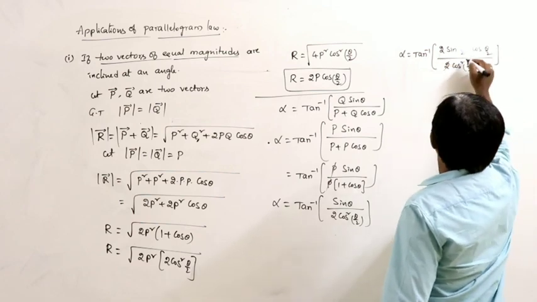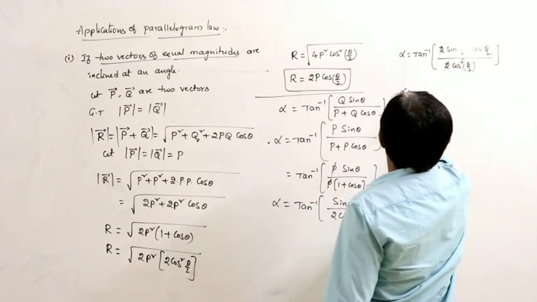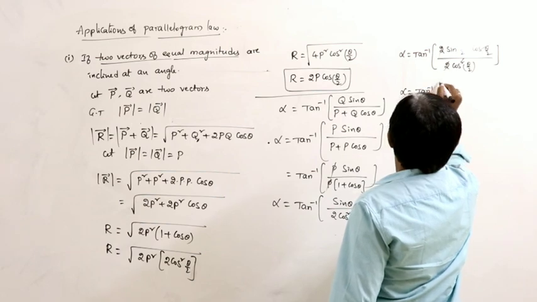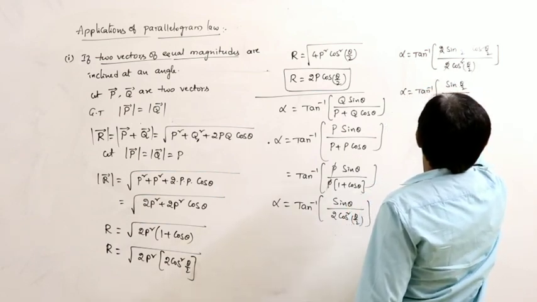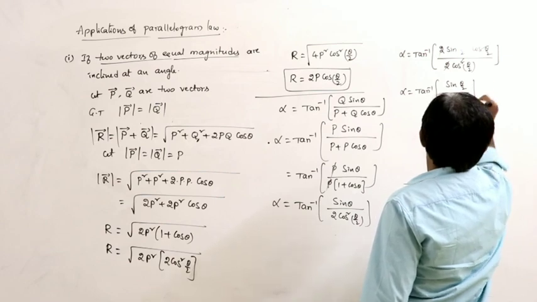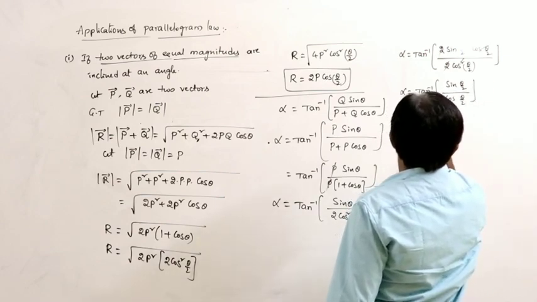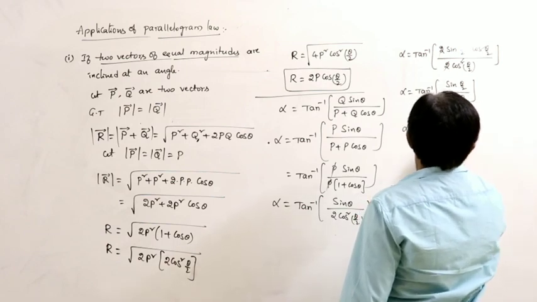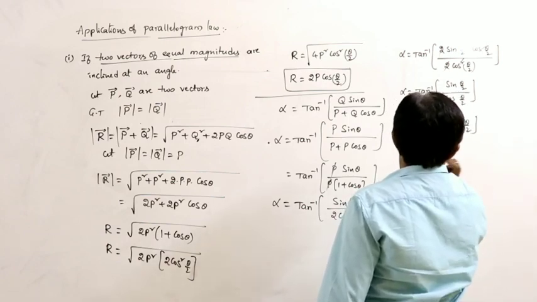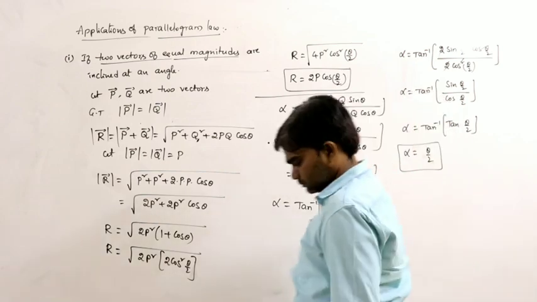So the 2 cancels, one cos theta by 2 cancels, and alpha is equal to tan inverse of sin theta by 2 divided by cos theta by 2. So alpha is equal to tan inverse of tan theta by 2. So from this, alpha is equal to theta by 2.